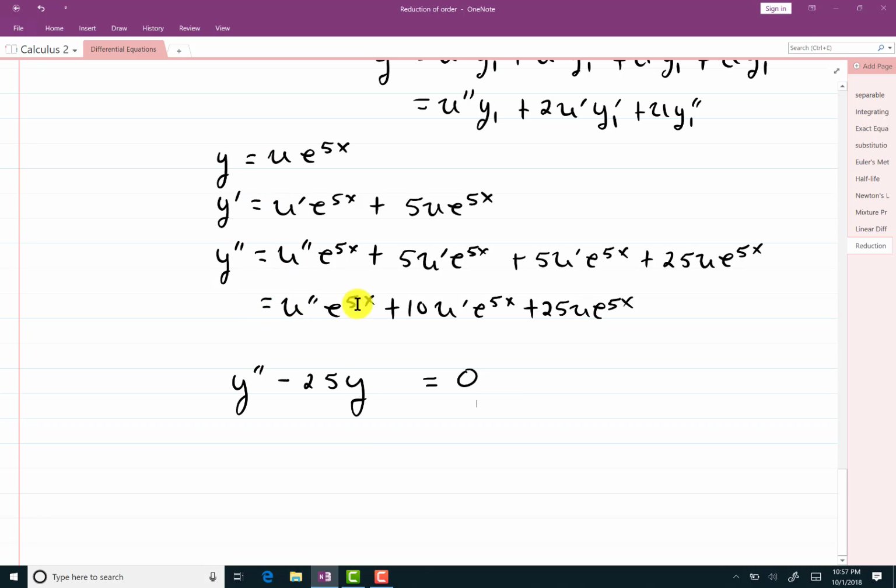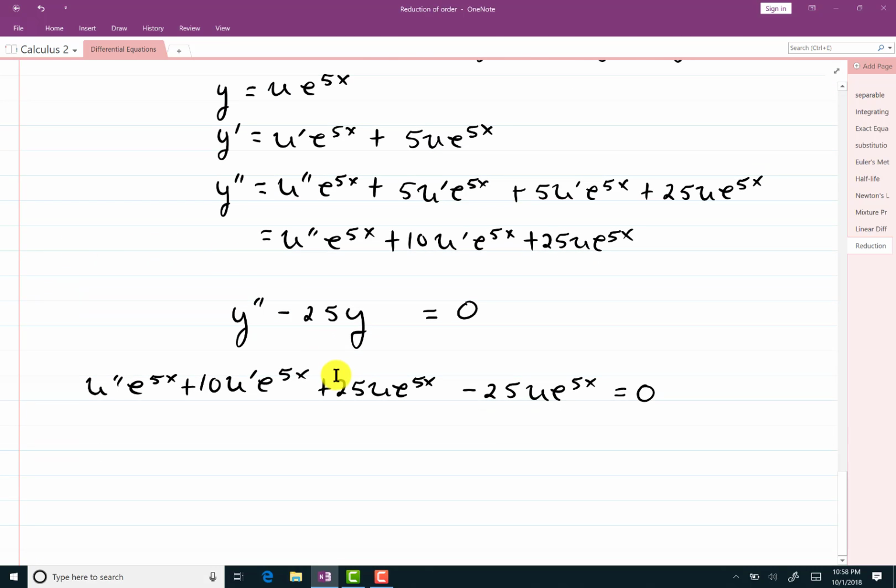I'm going to have all of this stuff in for y double prime. So there's my y double prime minus 25, and then my y, which is u e to the 5x. And we're going to set that equal to 0.